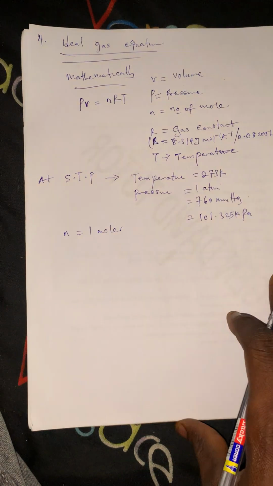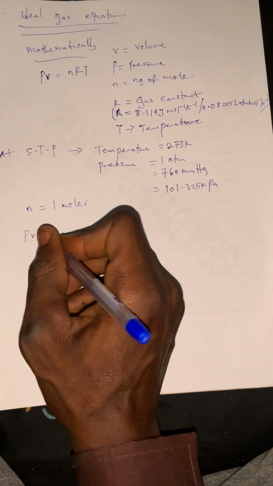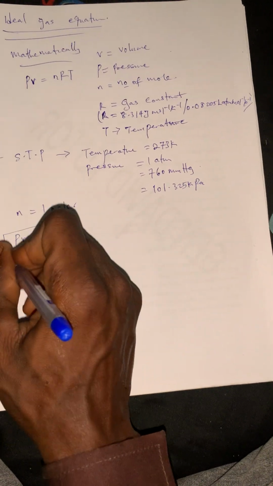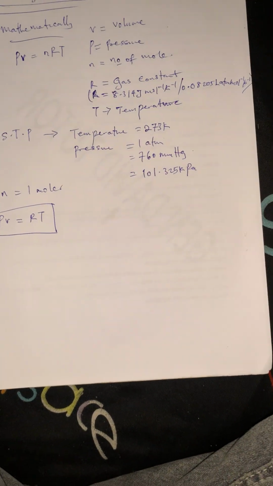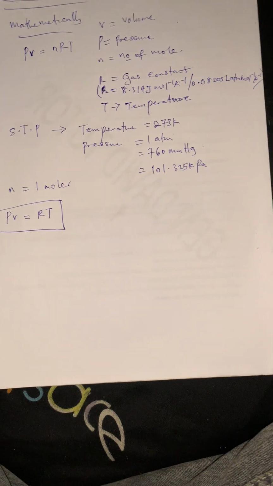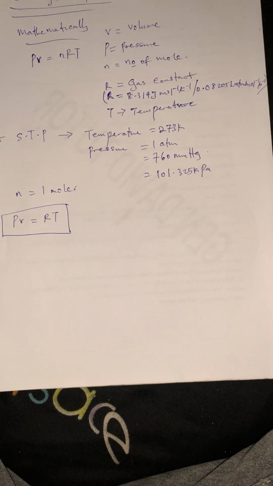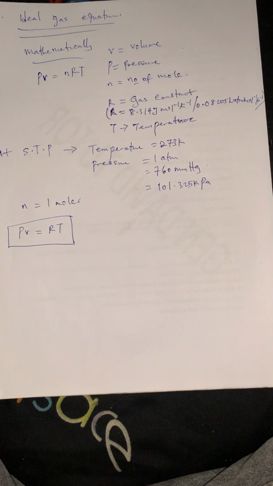That means we have PV to be equal to RT. So if you are talking about 1 mole of gas, then PV will be equal to RT. Please take note. So we can proceed.